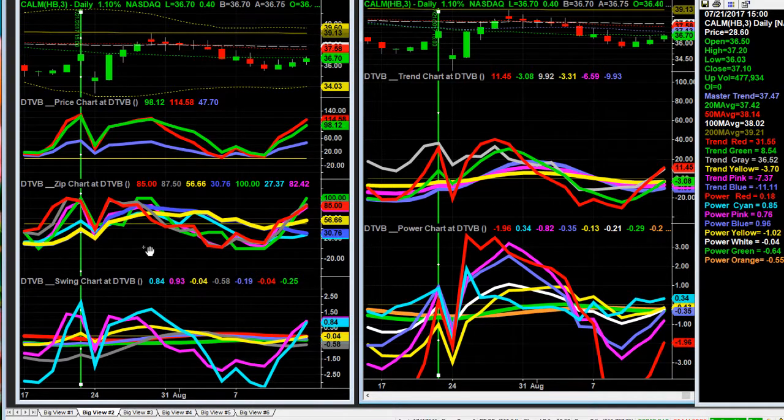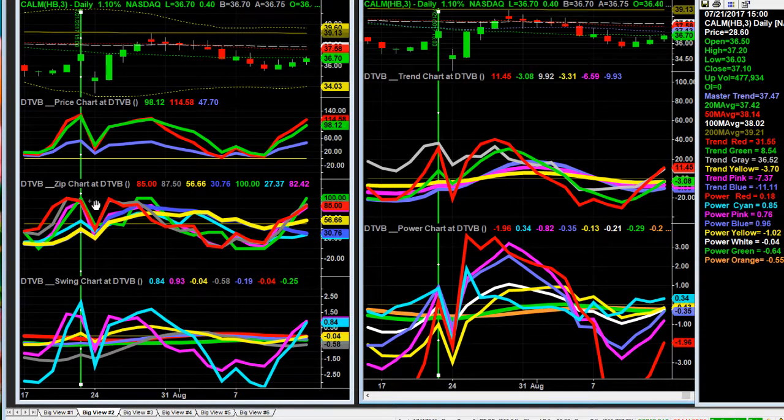That's what they do. If it goes up, they go up. If it goes down, they go down. 99.9% of the time you will see every one of those lines in the same position, either up or down. Very seldom, I mean, I can't even think of an example when they have been different from one another.